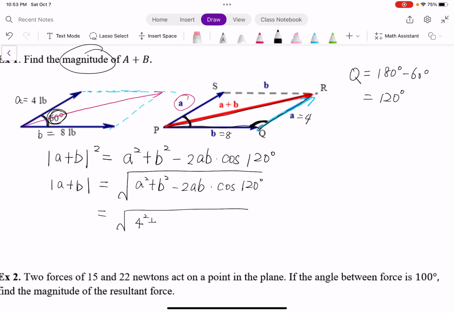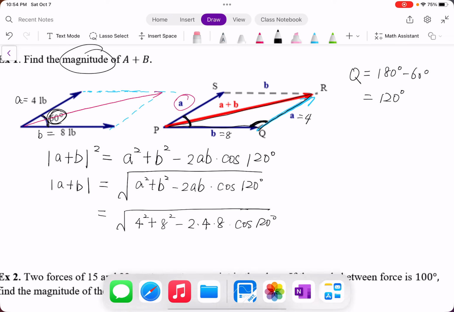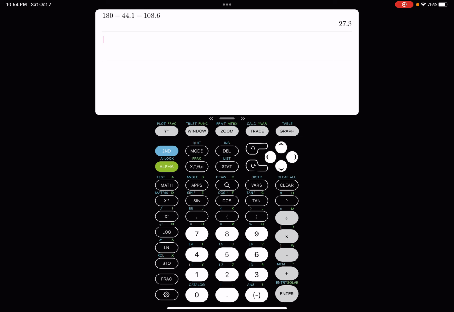4 squared plus 8 squared minus 2 times 4 times 8 times cosine 120 degrees. Let's use the calculator to find the solution. So the square root of 4 squared plus 8 squared minus 2 times 4 times 8 times cosine 120.